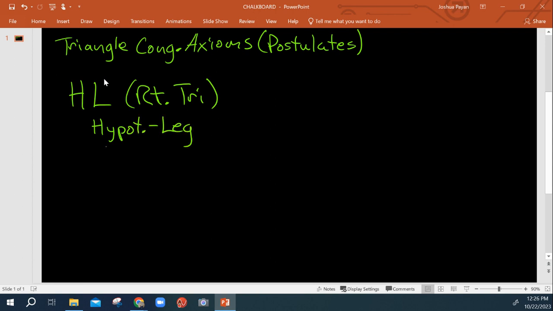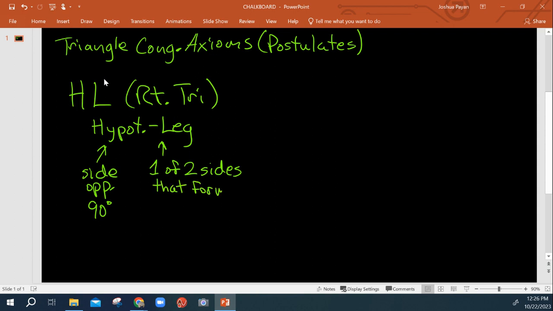And in case you forgot, the hypotenuse is the side opposite of the 90-degree vertex. Legs are the side lengths that, so I'm going to say one of 2 sides that form the 90-degree vertex.